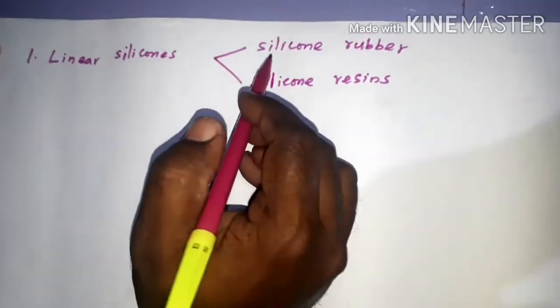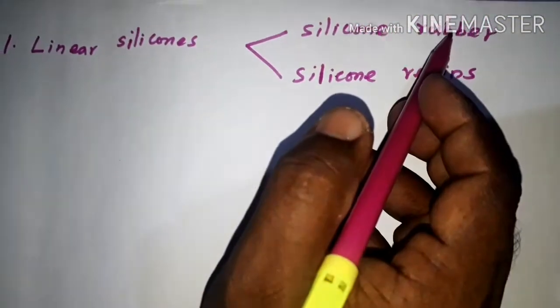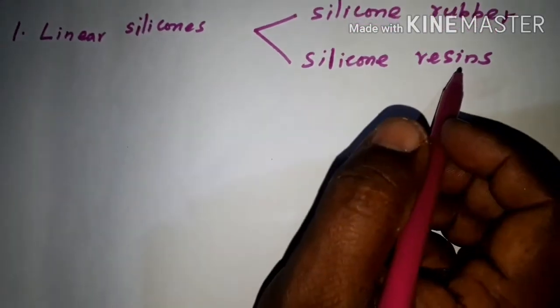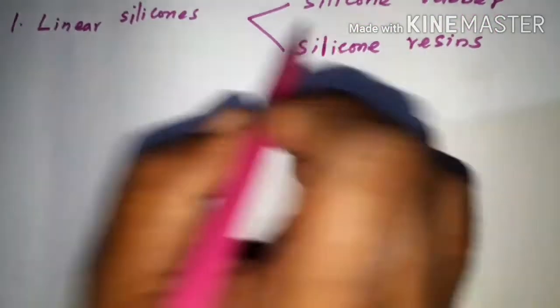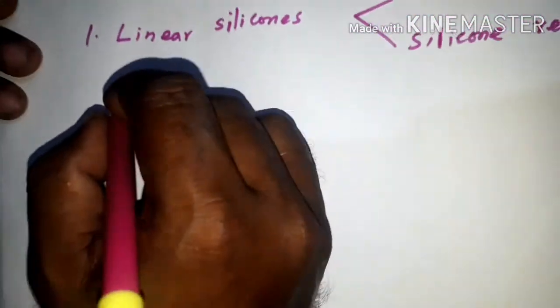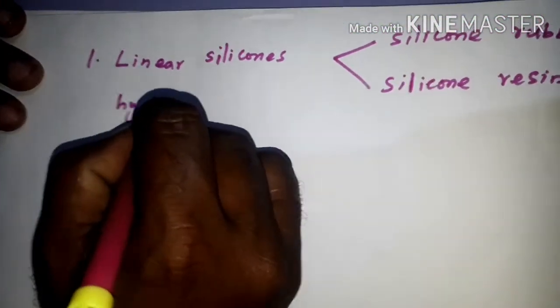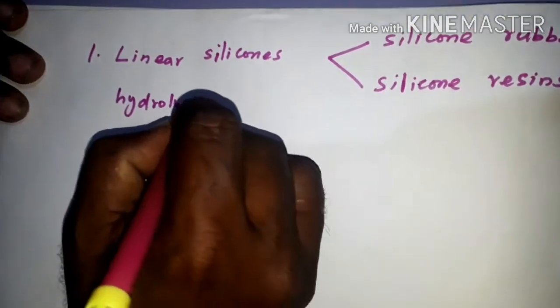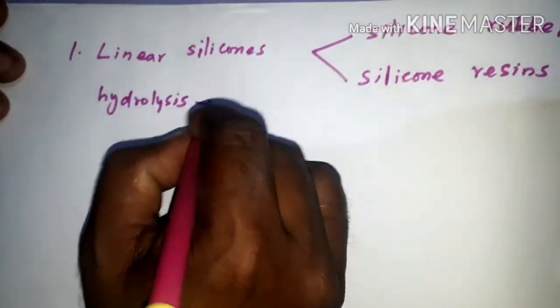Okay, so linear silicones, there are 2 types. One is silicon rubber, then another one is silicon resins. These linear silicones are obtained by hydrolysis, then again condensation.